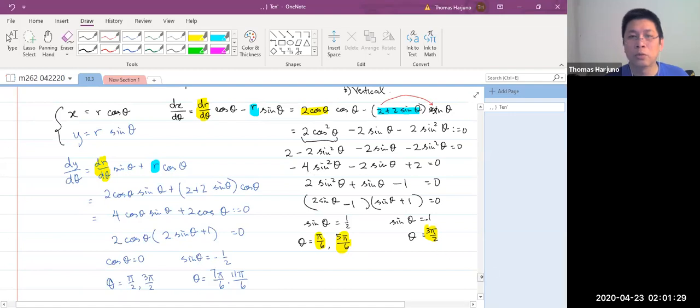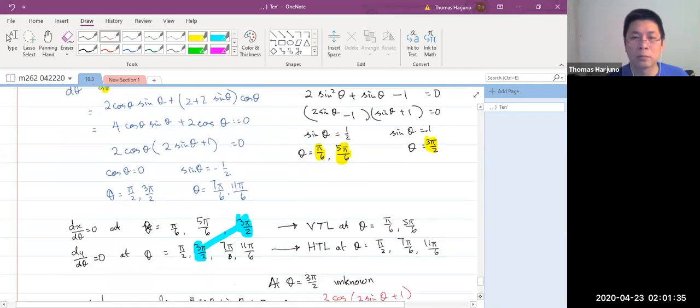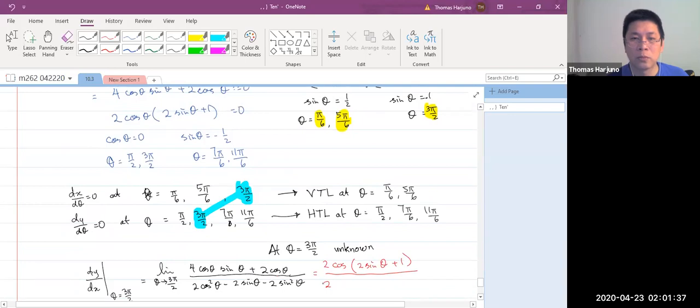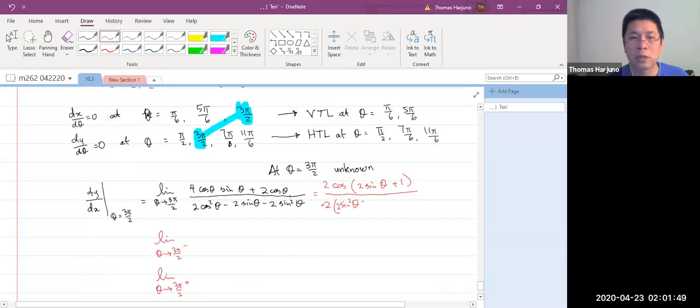Take the 2 out, I get negative 2 sine squared theta plus sine theta minus 1. Wonder if I can go further.